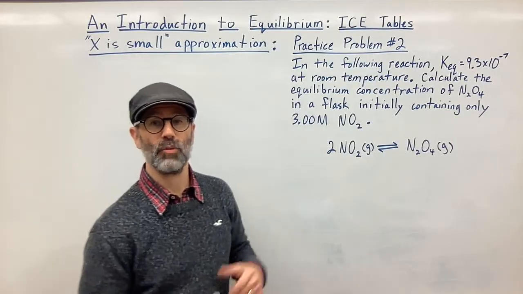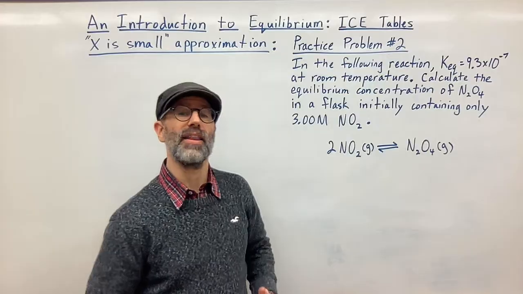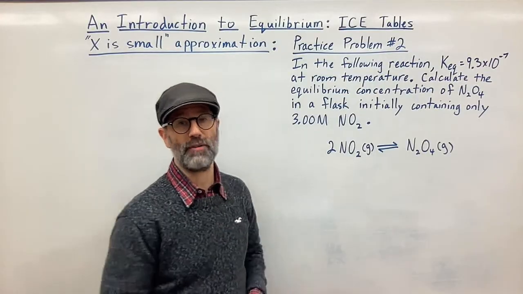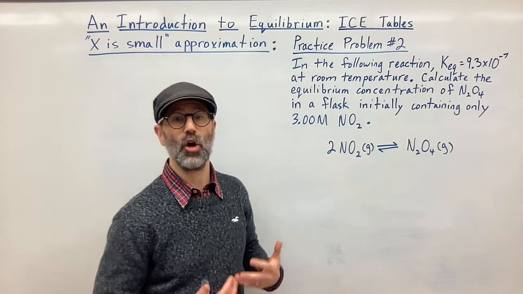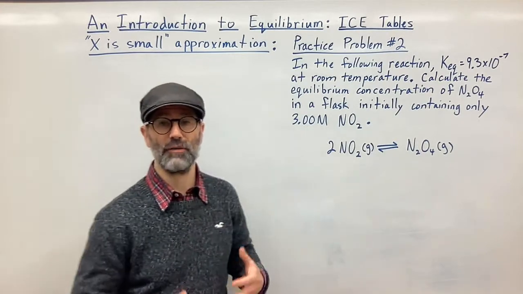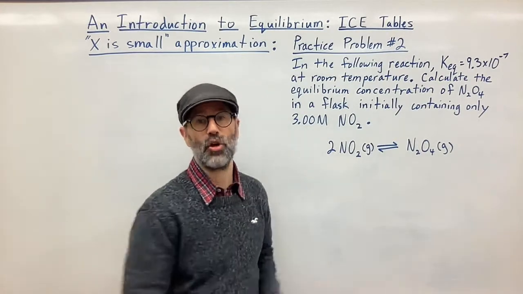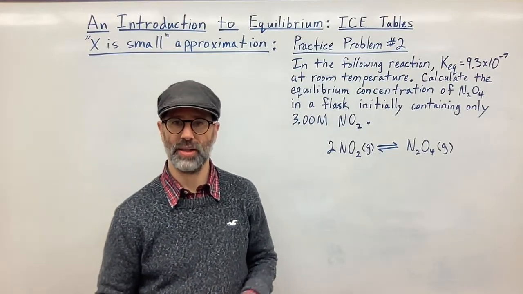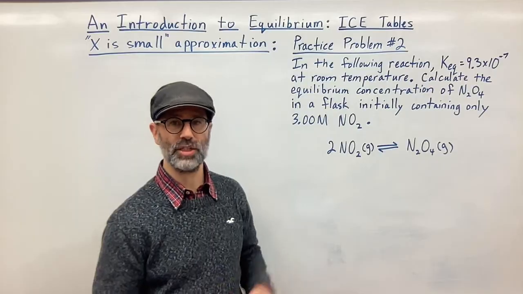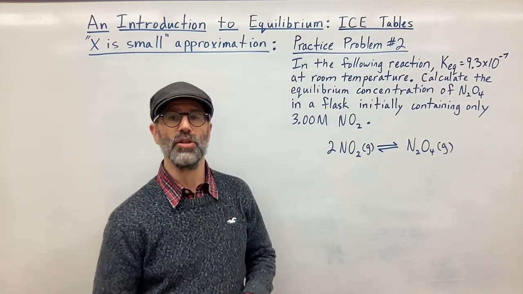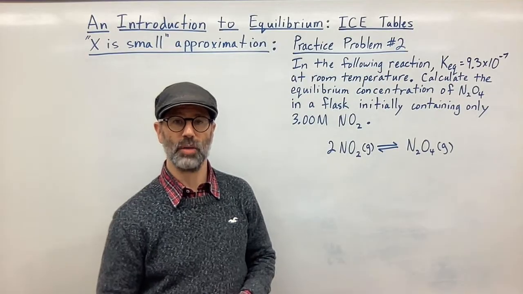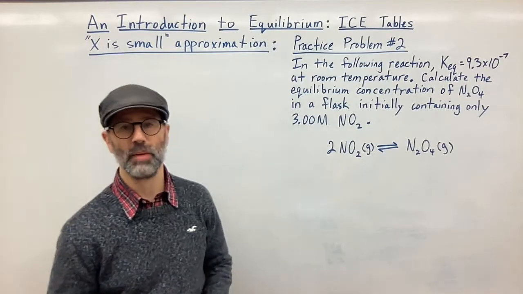When we have a large K, the products are much more favored over the reactants, so a lot of your reactant changes to product, and the X is small approximation wouldn't work in that case. But here we have a pretty small Keq, so it's a good chance we can use the X is small approximation. So let's get into this problem.